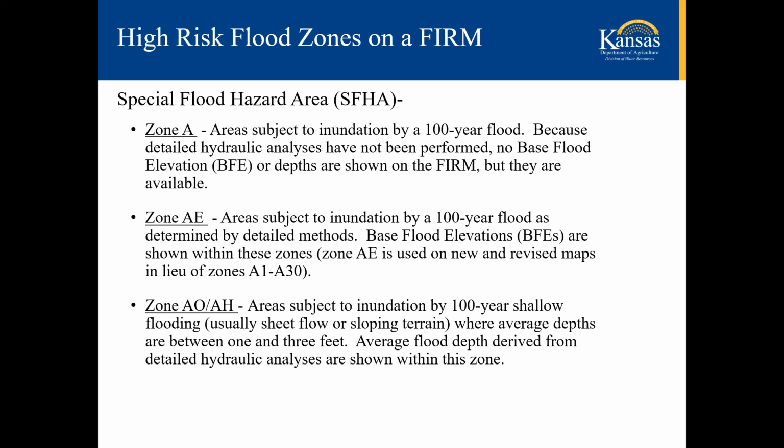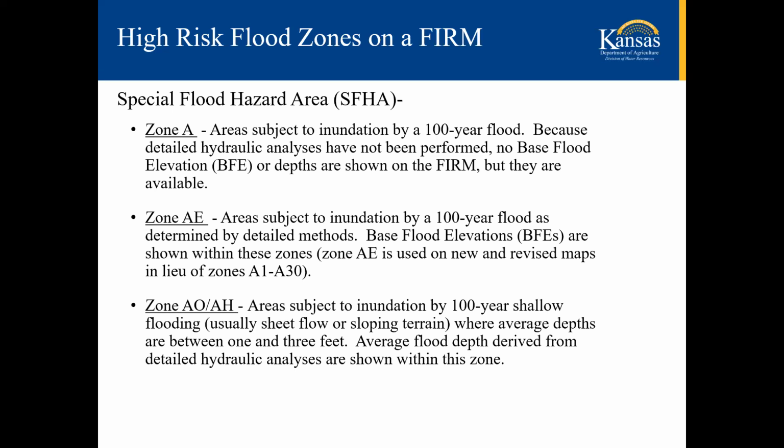And then Zone AO and AH are also subject to inundation by the 100-year flood, but it's for sheet flowing or shallow ponding. So this has average depths that are between 1 and 3 feet, and the flood depth is derived from the hydraulic analysis and are shown within this zone.